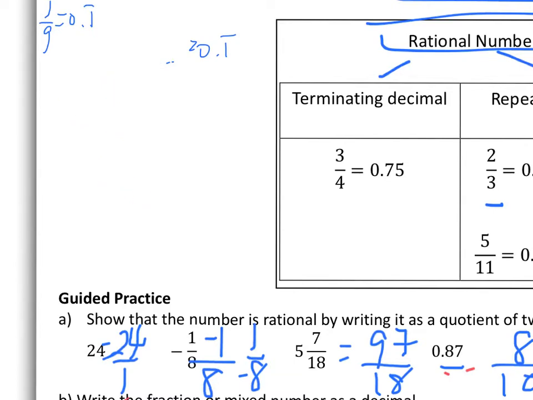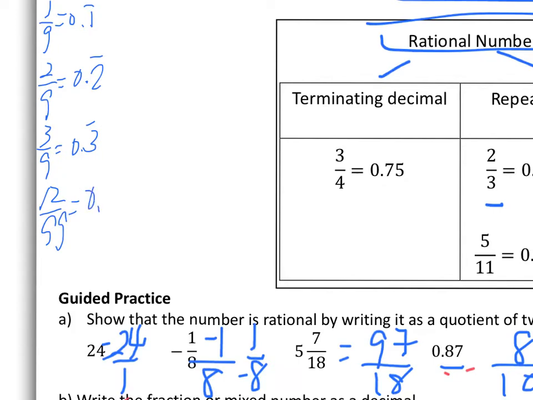So if I continue a pattern like this, 2 over 9 will be 0.2 repeating, 3 over 9, 0.3 repeating, and if I'm given 12 over 99, it will be 0.12 with 1, 2 repeating.